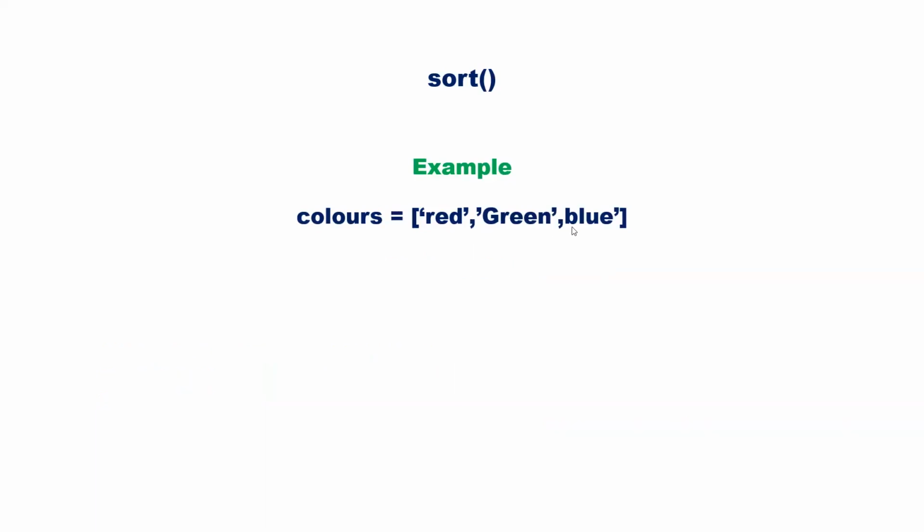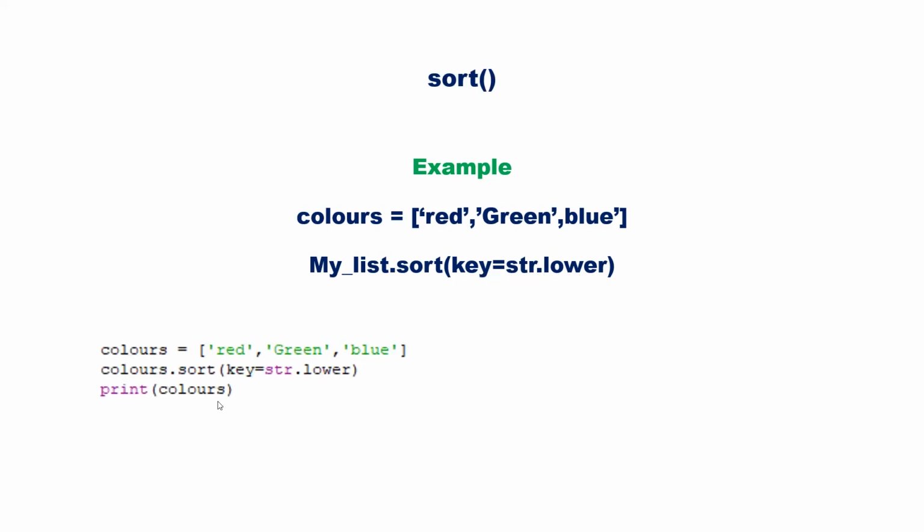If you want to make this sorting case insensitive, then you have to give an additional sorting criteria. So here I have specified key equal to str.lower. This means change all the values to lowercase and then do the sorting. Now when we print colors, case doesn't matter.